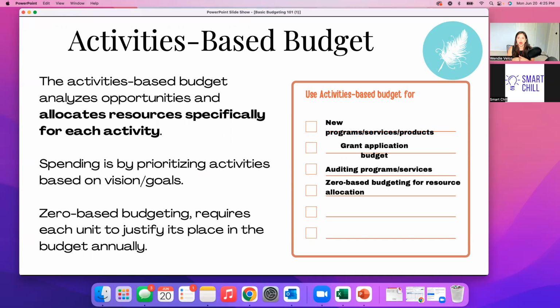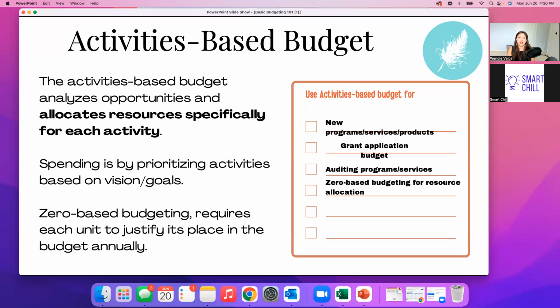And that's why when we talked about goals and vision in the beginning of this, it's really important for us to understand what our vision and our goals are. Usually it's for a new program, product, or service that we might be creating this activities budget for the first time. We might be doing it for a grant application or to audit something. We might also be using zero-based budgeting for resource allocation, which requires us to say every year you have to justify this money coming to this program or activity.